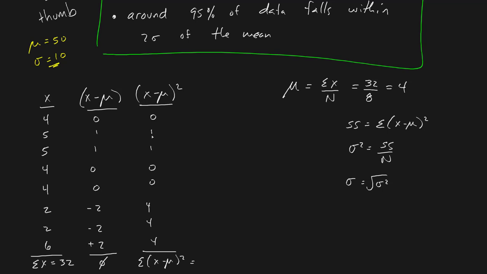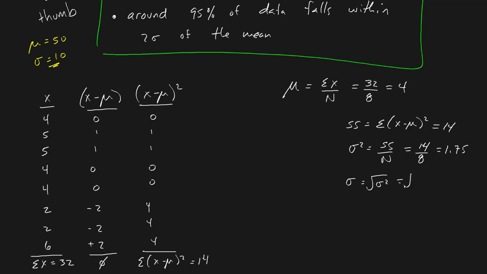That comes out to be 2 plus 12, which is 14. So my sum of squares is equal to 14. So now I can work out the variance. The variance is going to be 14 over n. I know that n is equal to 8. And this comes out to be 1.75. So I've got my variance.